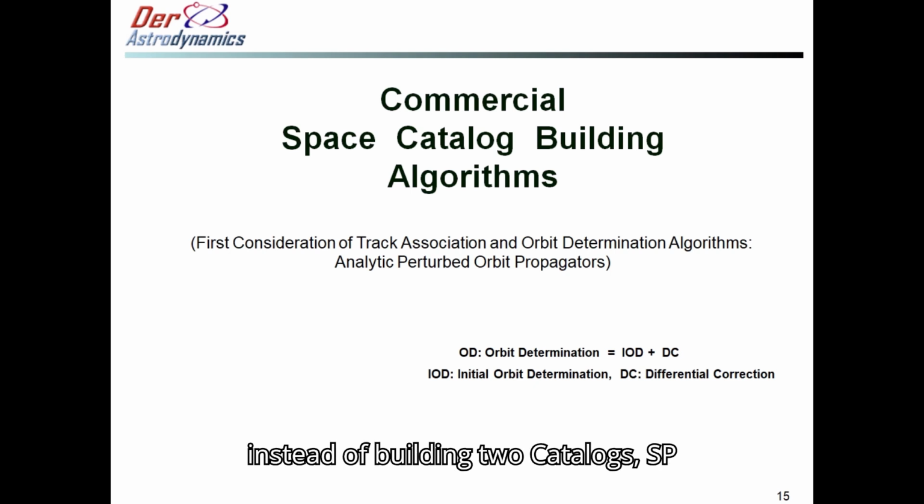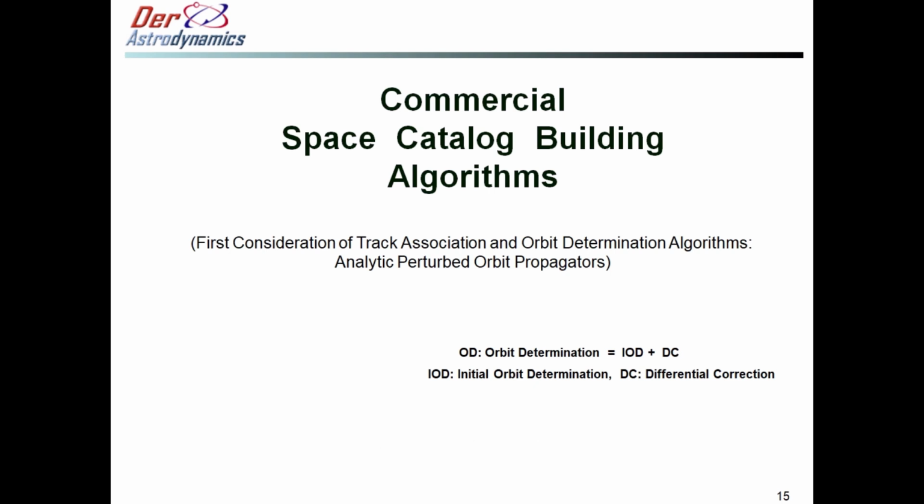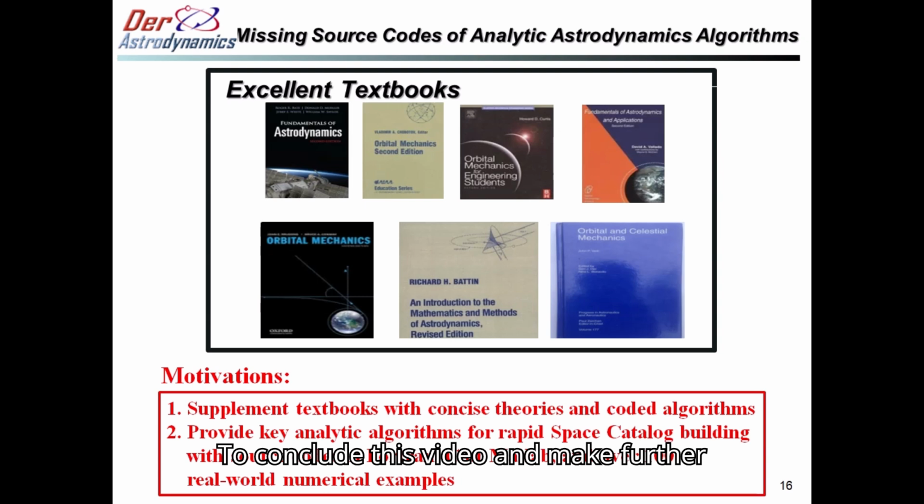That is, instead of building two catalogs, SP and TLE, only the SP catalog is sufficient for catalog maintenance and catalog building, not to mention the problematic TLE conversion, and the use of SGP4 becomes redundant. Also, the SP Winty method provides not just a second opinion to the TLE SGP4 method, but improves and verifies other computer results.